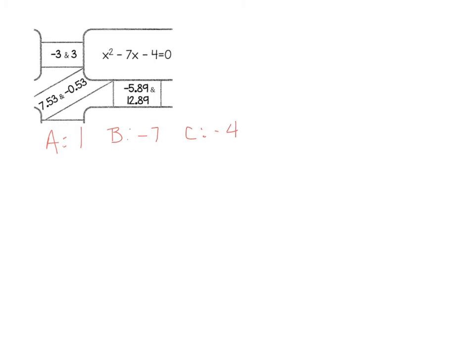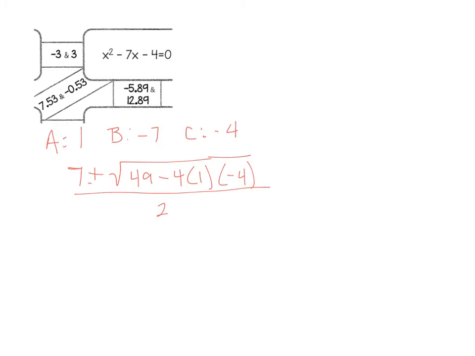So now using the quadratic formula, I've got -b, that's going to be +7, plus or minus the square root of b squared, which is going to be 49, minus 4 times a times c, whole thing over 2a, which is 2.